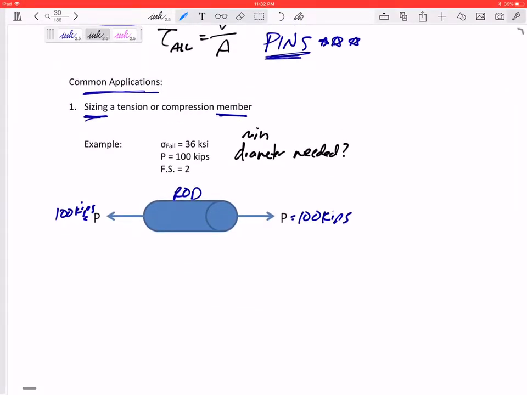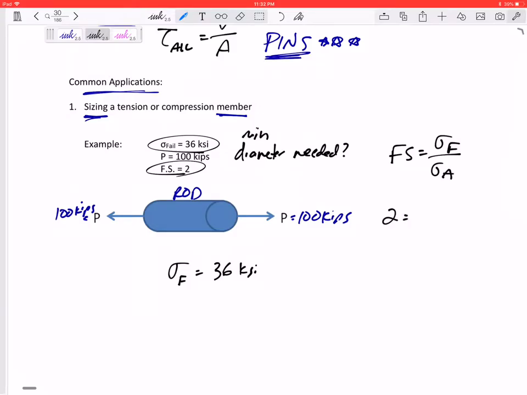All right. Well, if it's going to fail at sigma failure of 36 ksi and a factor of safety of 2, here was my equation. Factor of safety is sigma fail over sigma allowable. So 2 equals 36 over sigma allowable.